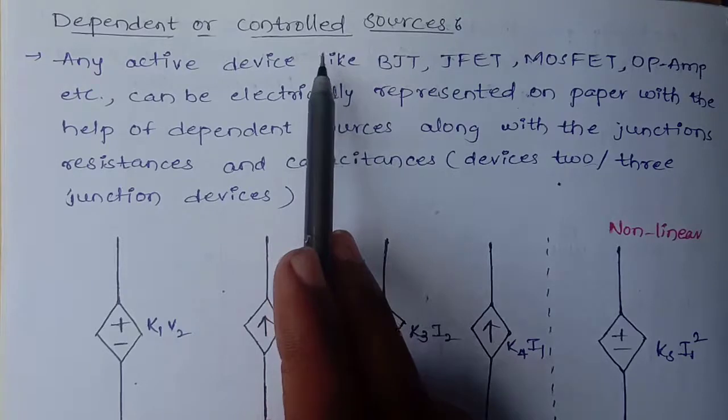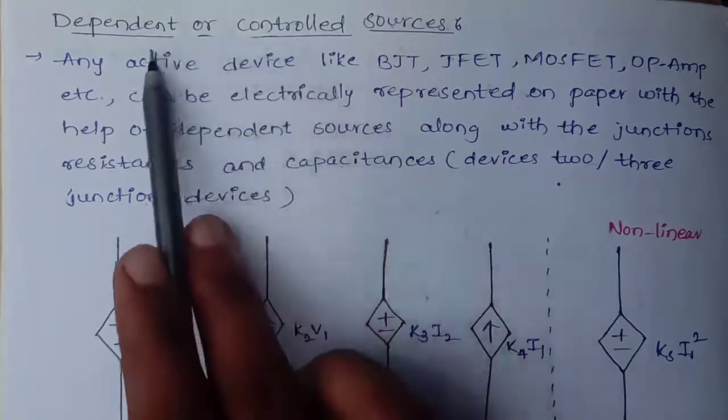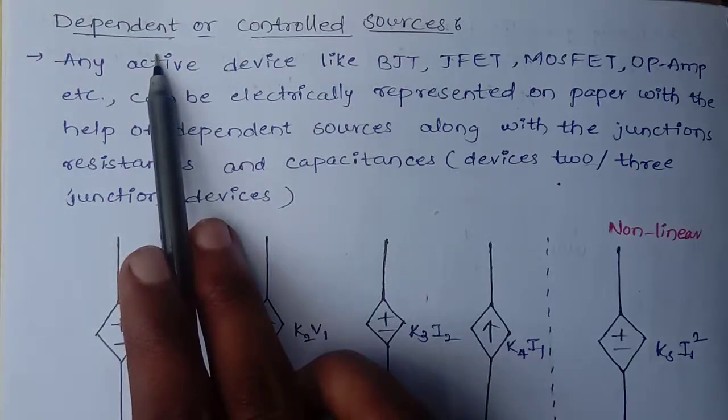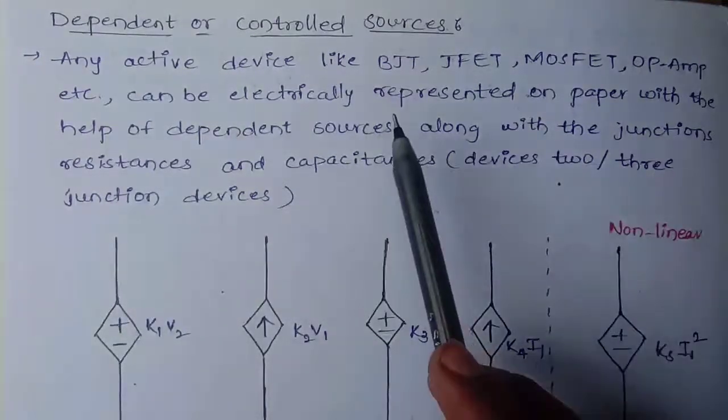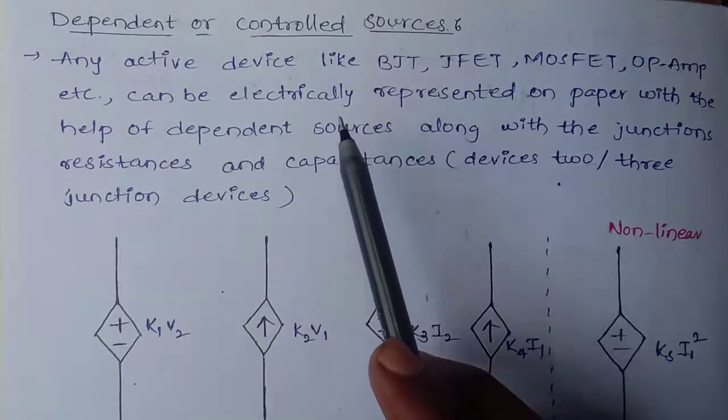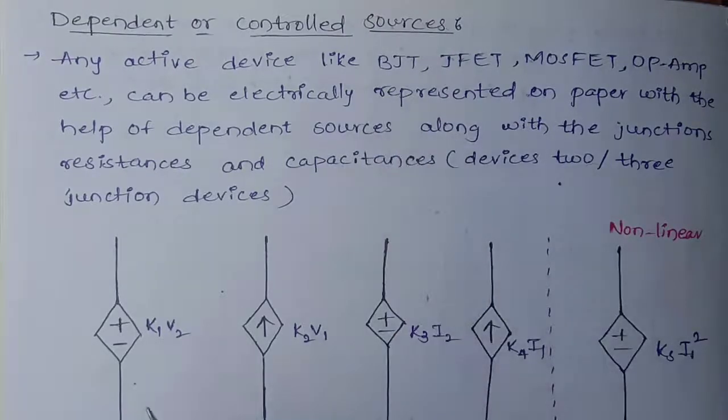Now, a question arises: why do we need these control sources or dependent sources? Answer for that question: to represent the devices electrically on paper, we need these control sources.